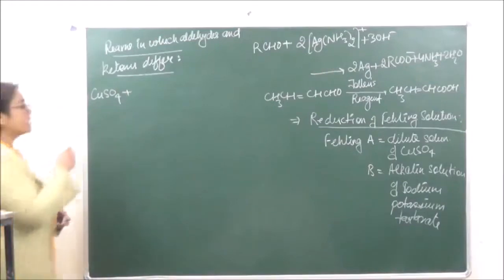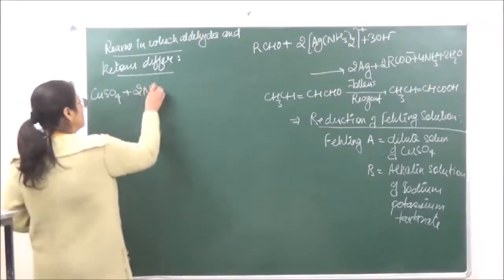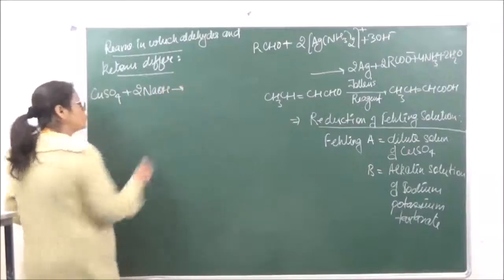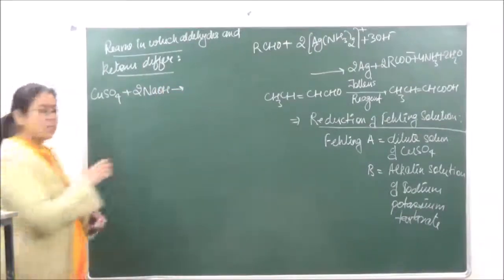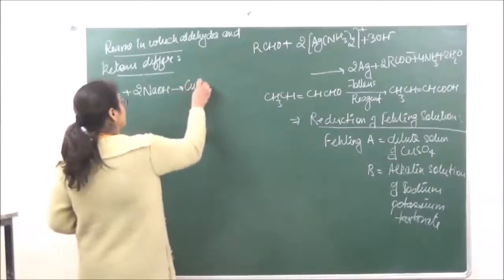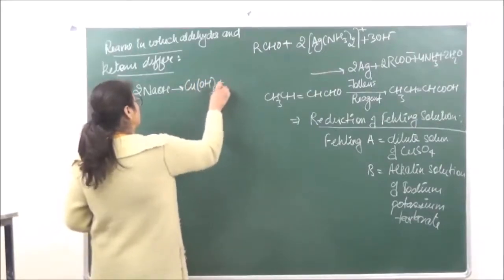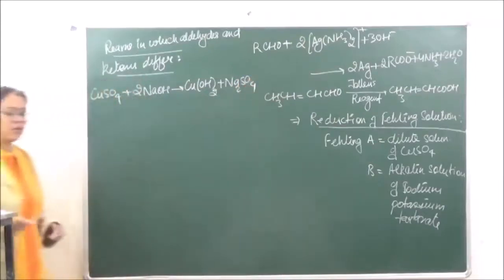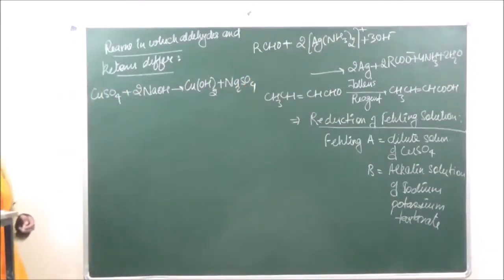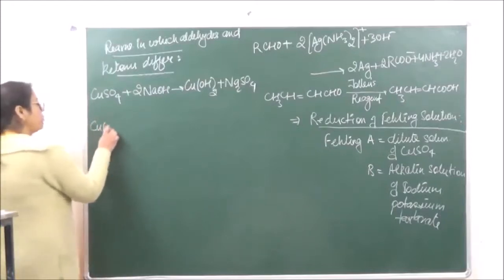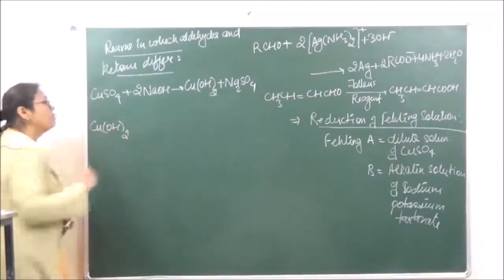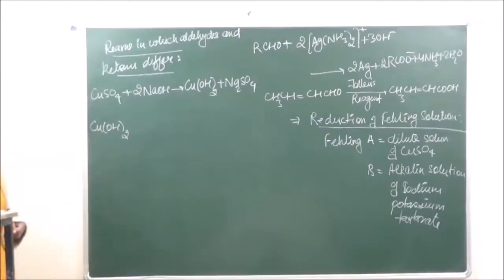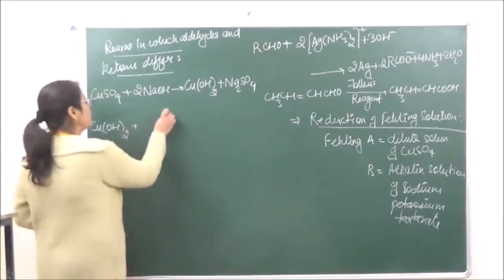This is going to react with sodium hydroxide to give us copper hydroxide plus Na2SO4. Now this copper hydroxide, which is formed in the first equation, is going to react with sodium potassium tartrate, known as the Rochelle salt, which has the following formula.